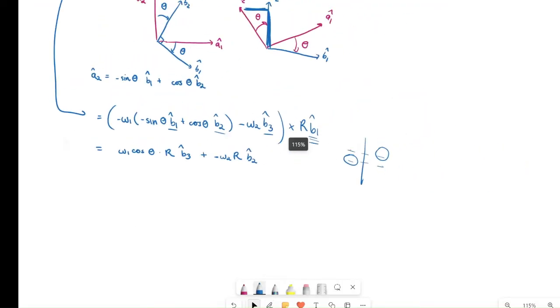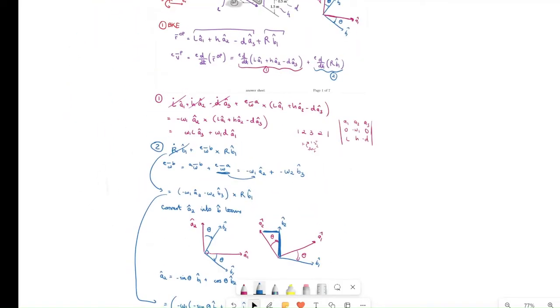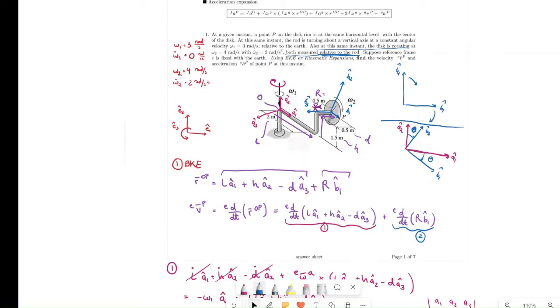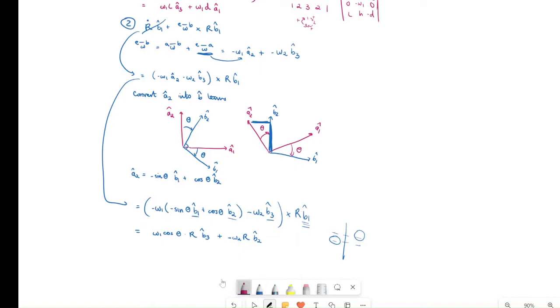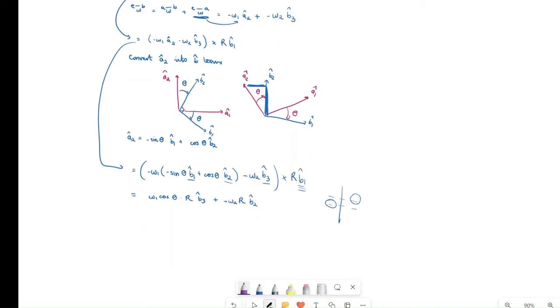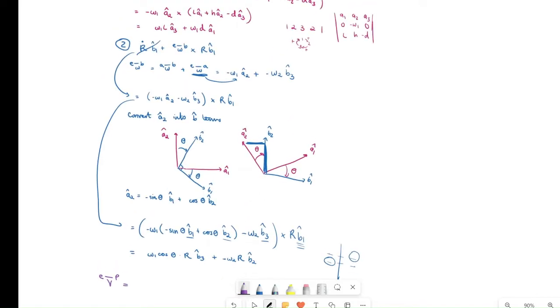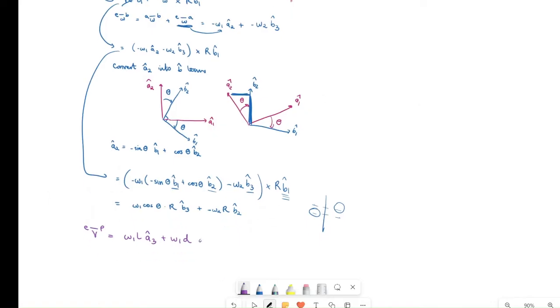Okay. So now we have our two terms for the velocity. Oh my gosh, are we just on velocity? Okay, this should go faster now. From that we can write our expression for the velocity, P and E, as omega 1 L A3 hat plus omega 1 D A1 hat plus omega 1 R cosine theta B3 hat minus omega 2 R B2 hat.